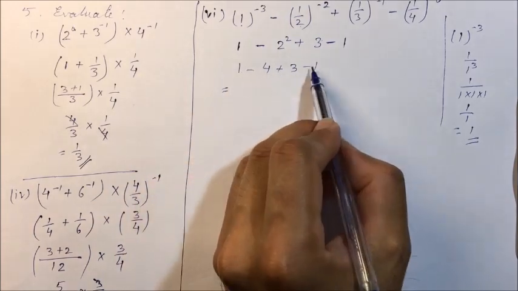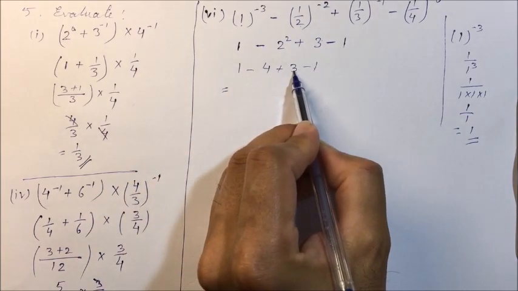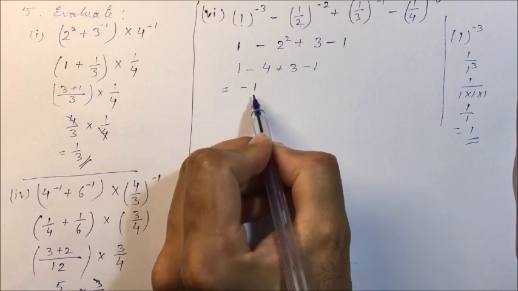It will be 1, 1 gets cancelled, minus 4 plus 3 minus 1.